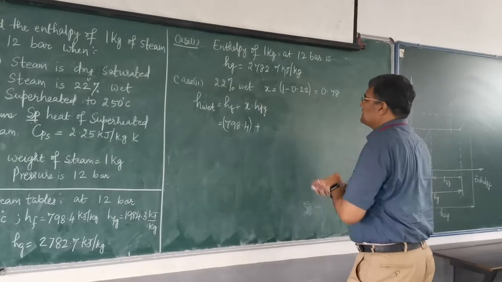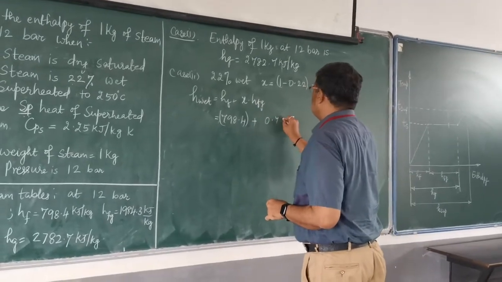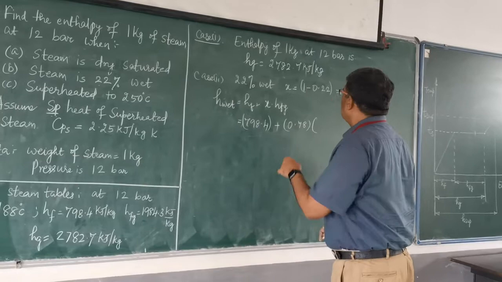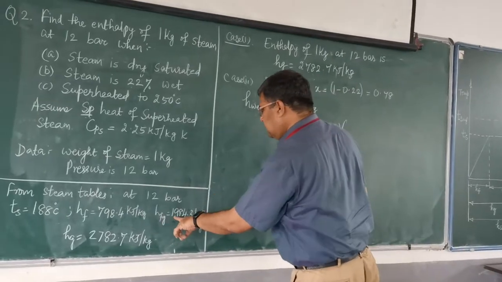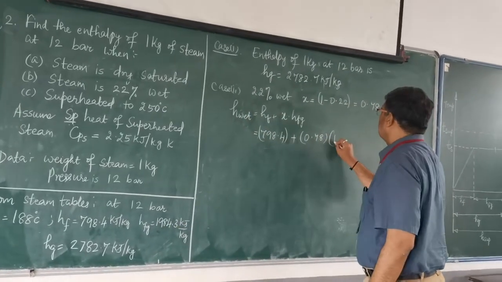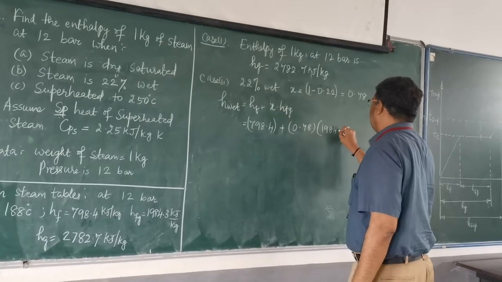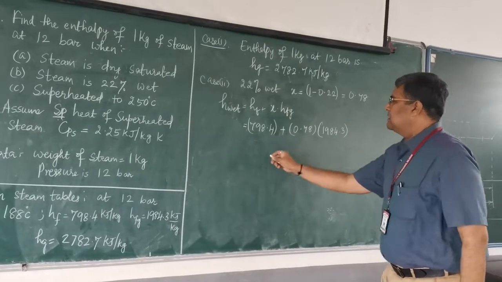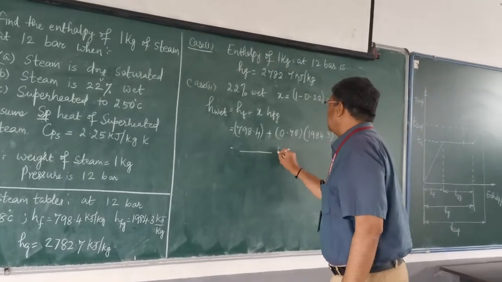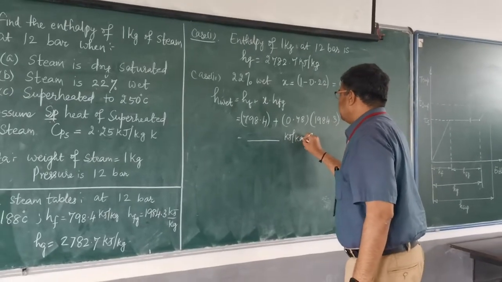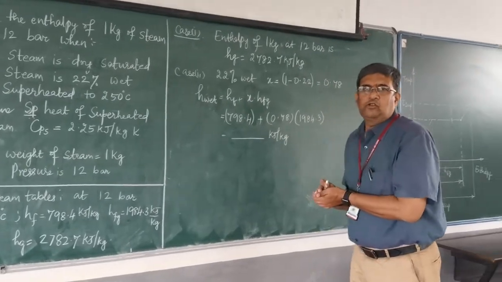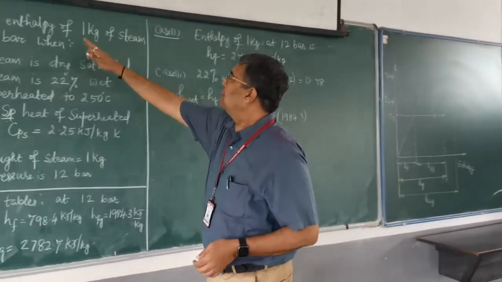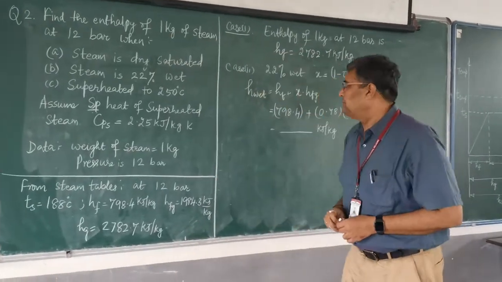But now it is 0.78, so I will write it as 0.78 into hfg. What is the value of hfg? It is 1984.3. So do the calculation. So you will get the value in so many kilojoules per kg. You can write it as kilojoules per kg only because it is for 1 kg of steam directly.